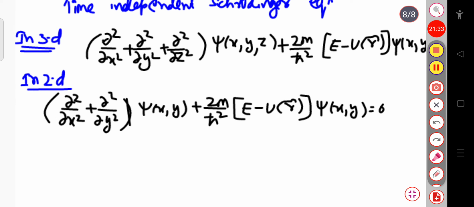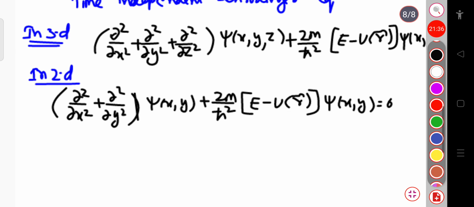So this is the time independent Schrodinger equation in 2 dimensions.